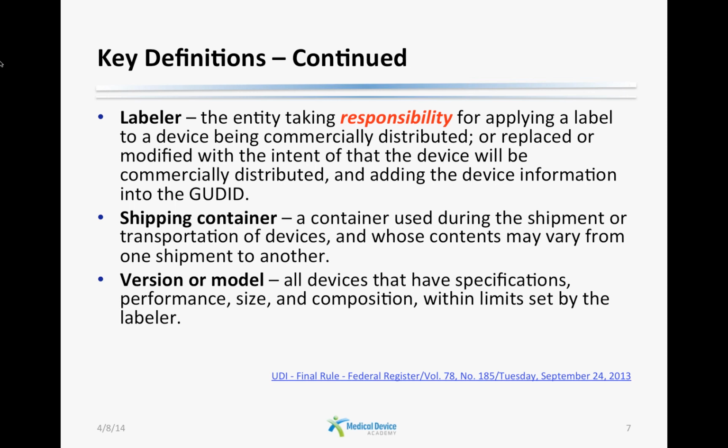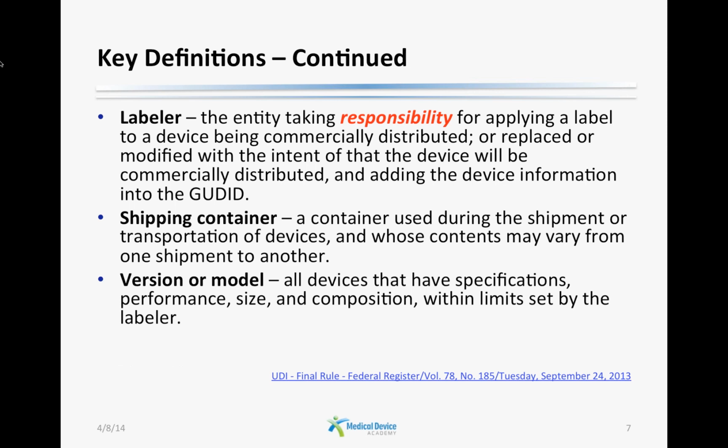FDA is looking for one entity to take responsibility for the product. This includes the label. If the product is private labeled, who takes responsibility for the labeling? The actual manufacturer or the brand name holder needs to be agreed to by both parties. It really is a business decision as to who fills this role.